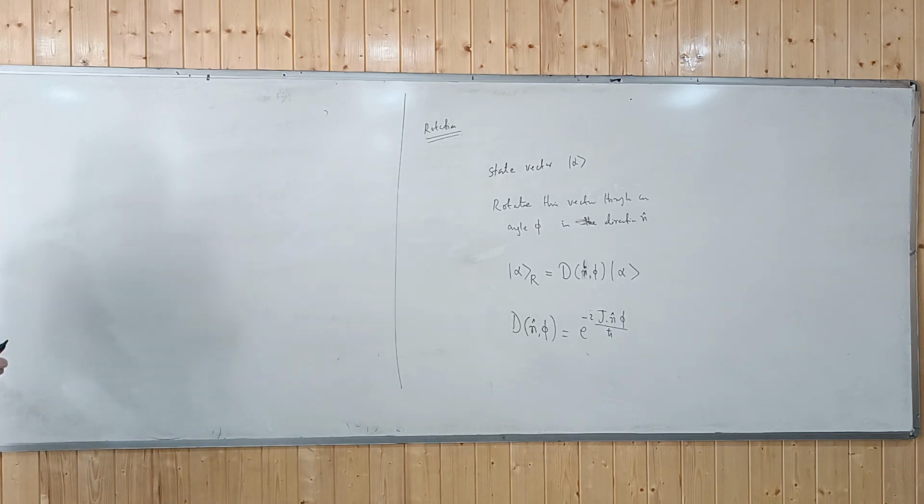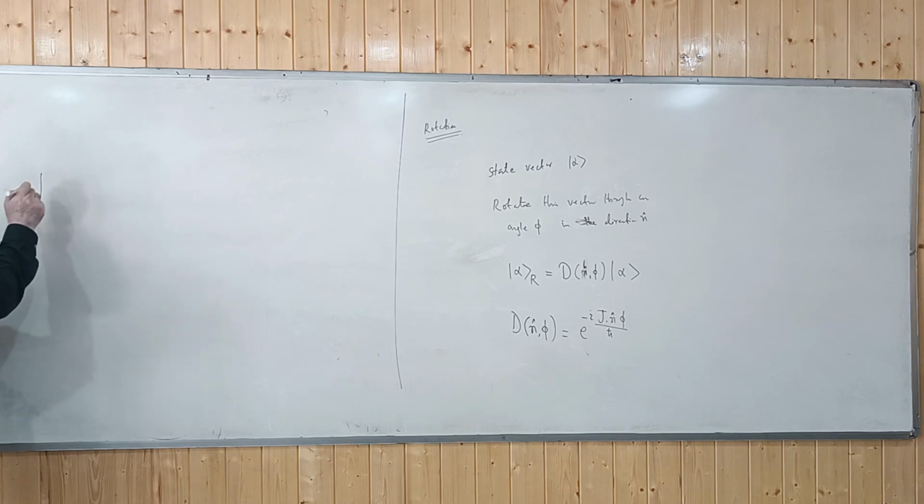Okay, so let me give an example this way. Let me describe an analogy instead of deriving it directly. So let's say you have a position state vector x.